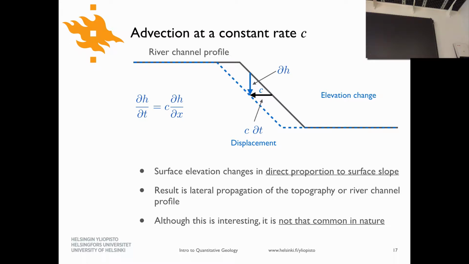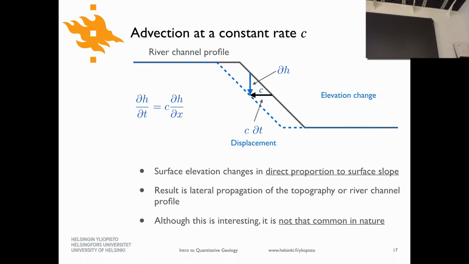The dashed line is after some amount of erosion, the gray line is at some starting time. If you're out here in some place where the river channel is flat, and we say that the change in elevation is directly proportional to the surface slope, what's the slope here?